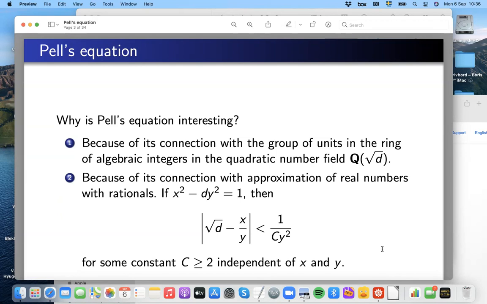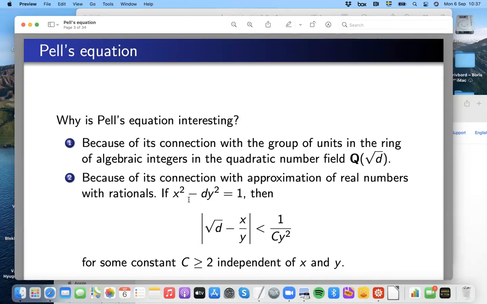Also, solutions of Pell's equations are important in connection with approximation of numbers by rationals. This is also a very classical area. In particular, we'll be talking about quadratic irrationals, where only square roots of some combinations of integer numbers appear.